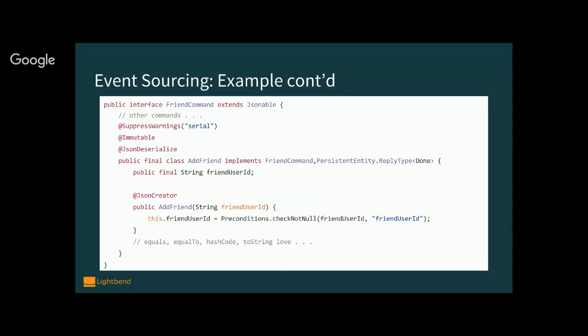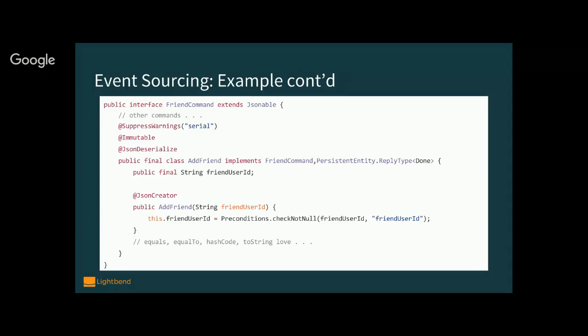in distributed computing as well. In this particular example, because we're using Java, it's a little bit more difficult. You have to implement equals, hashCode, toString, etc., because you want to make sure that when this class is compared, it's a true check that it's the same. So in this case, we have PersistentEntity.ReplyType.